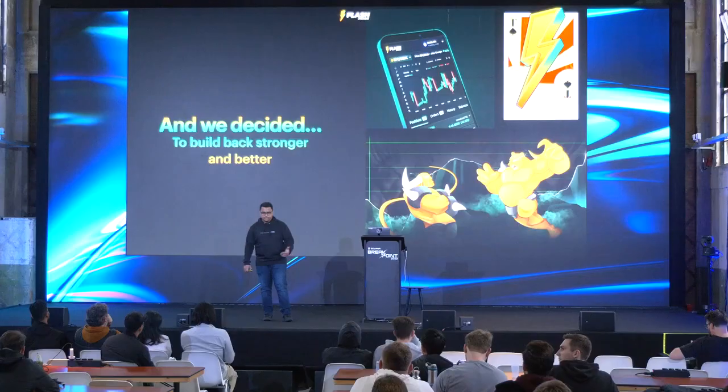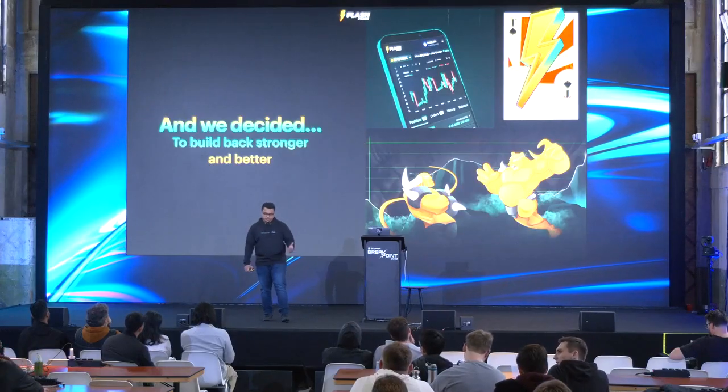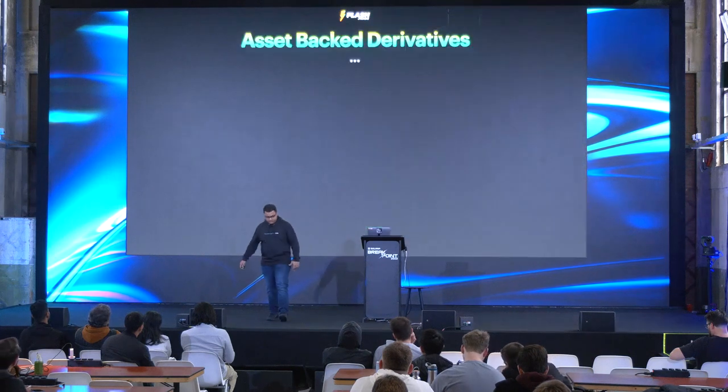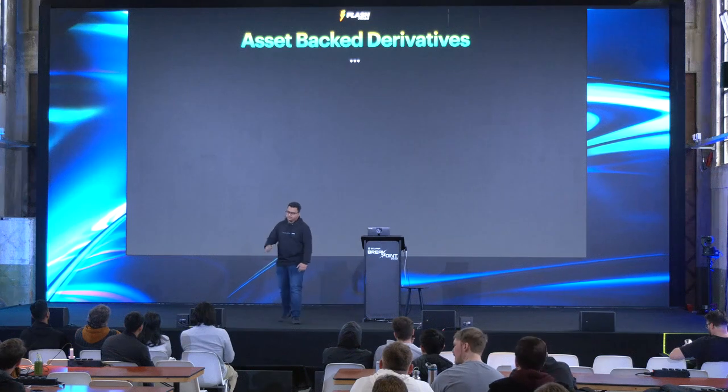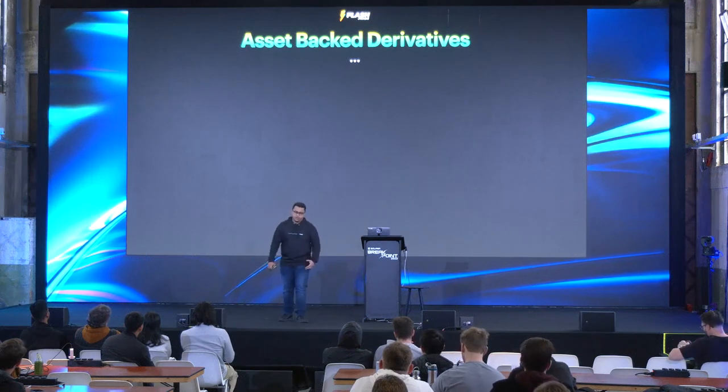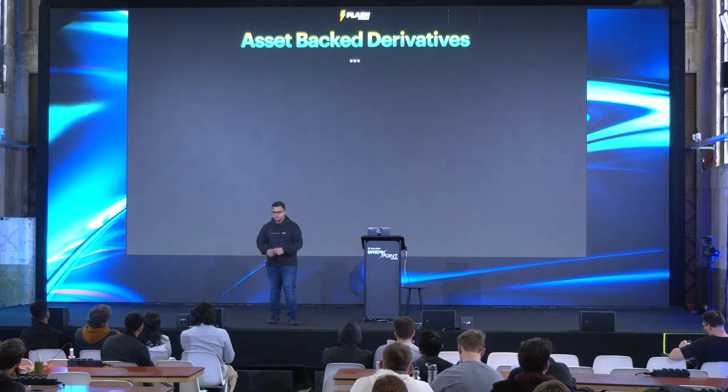It's a UX-focused protocol which aims to compete against centralized exchanges together with all DeFi protocols on Solana. We do that by offering asset-backed derivatives. Why is this important, and what are asset-backed derivatives? One of the biggest troubles we've had as an ecosystem is that many of our protocols and products depended on bridged assets, which were represented by someone we should not have trusted.